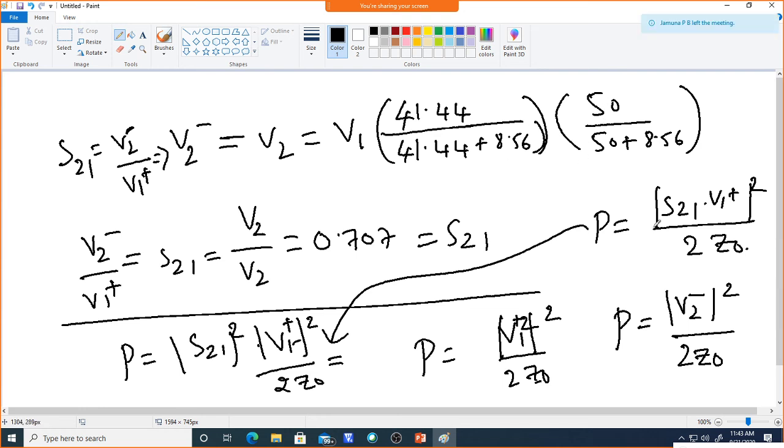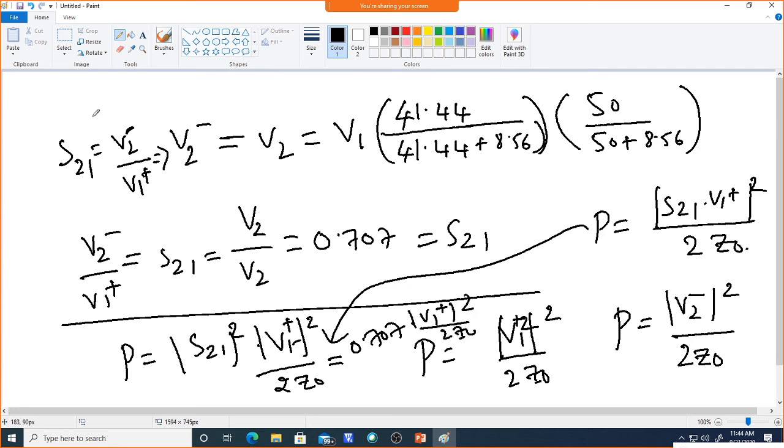Here it is completely squared. S21, which we have calculated, is 0.707, into V1 plus squared by 2Z0.